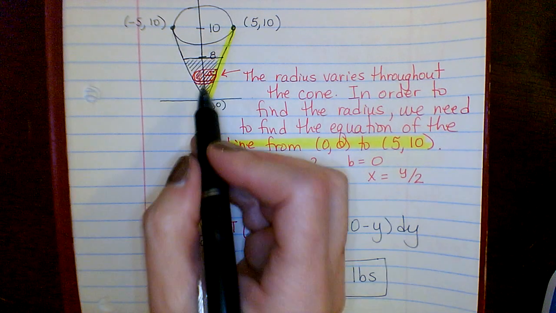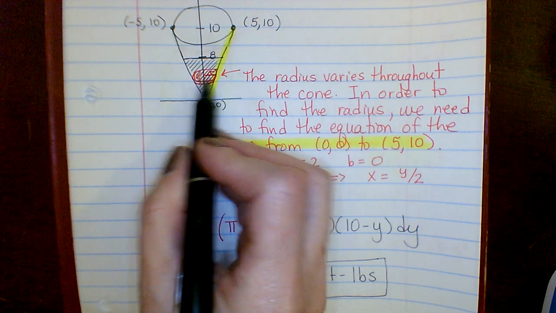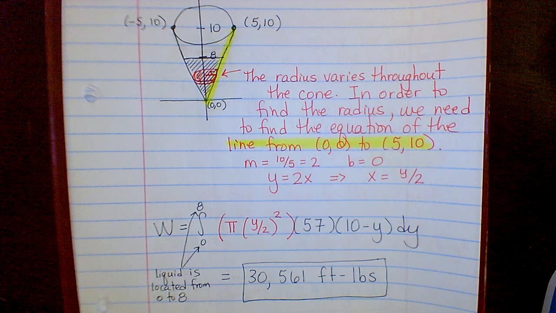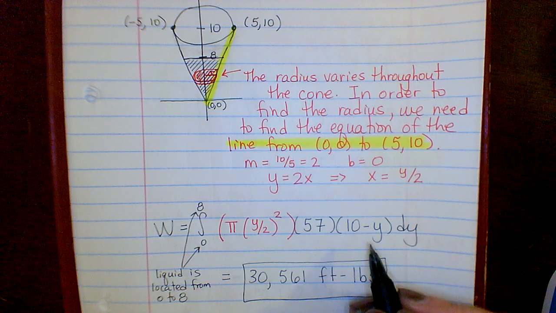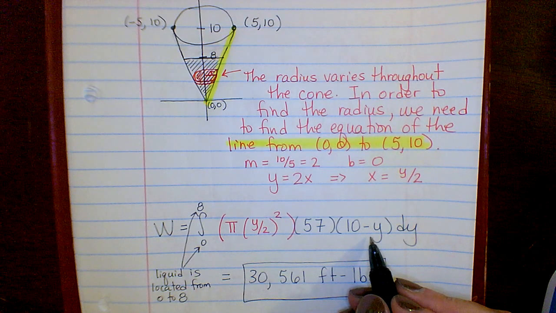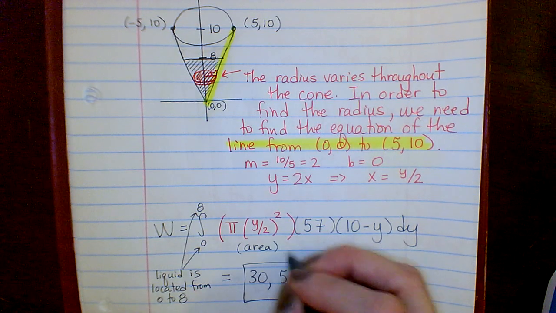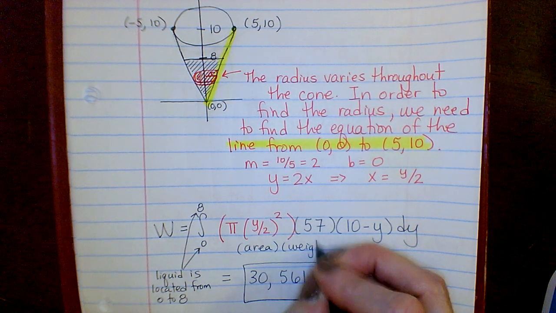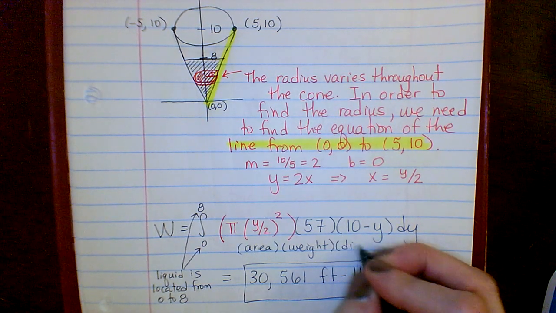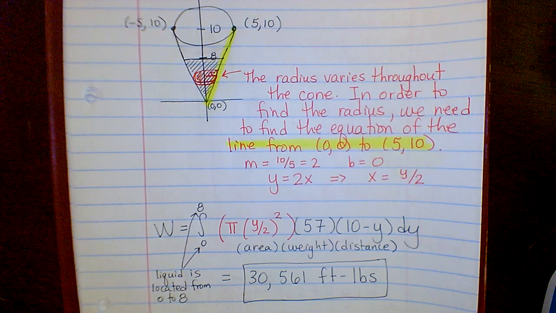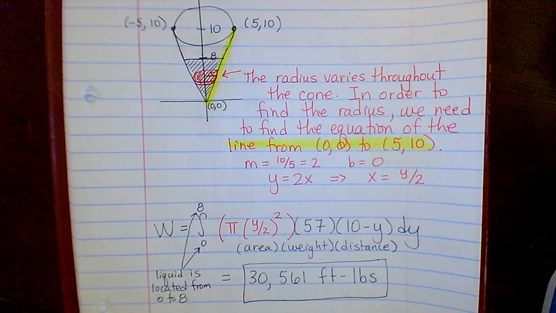Whatever the y value associated with your slab, 10 minus that y value is how far that slab has to move. So you're going to see this pretty often: we have this area, weight, and then this distance. That distance is going to be some subtraction involving the variable of integration.